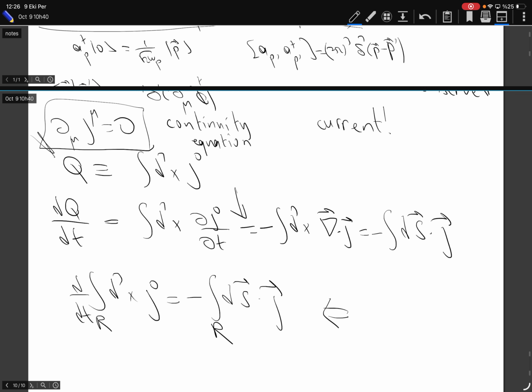The total charge in the universe didn't change. But this tells me that no, that cannot happen. If the charge within this volume is reduced, that can only be if the charge moves from within this volume to out of this volume through the surface. That is the only way that the charge within my finite volume will be reduced. So continuity implies conservation.